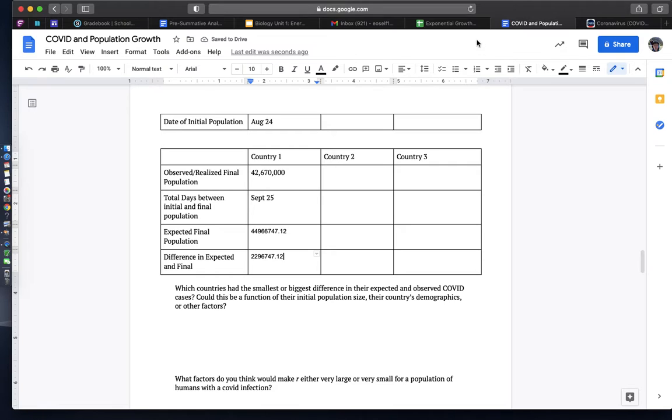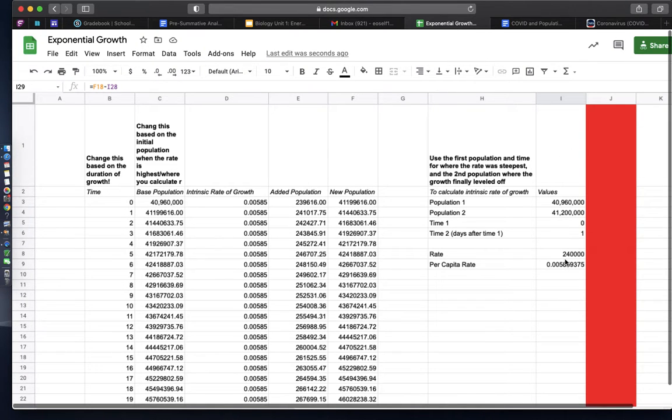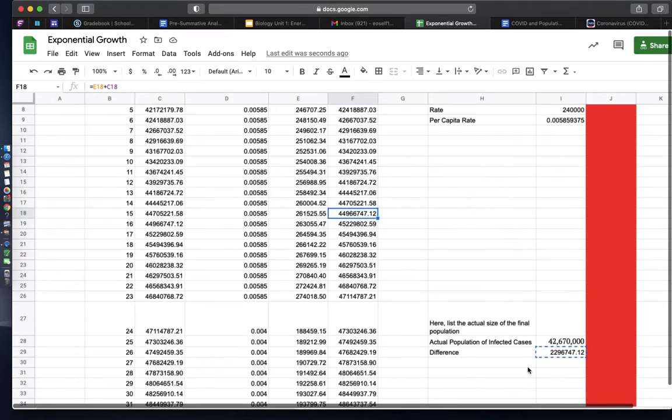So again, with the exponential model, you're going to solve for little r using math or this formula. You're going to put little r here. You're going to put in your base population for day 0. And then you're going to see how many days your population would grow exponentially, what your predicted value is, what your actual observed value on the graph is, and what the difference was.